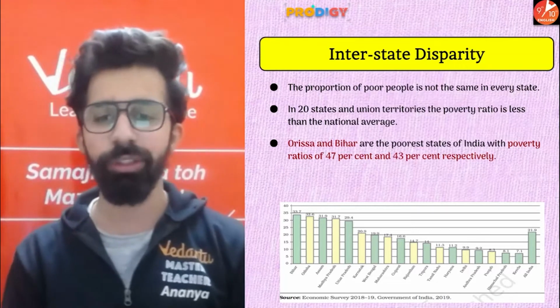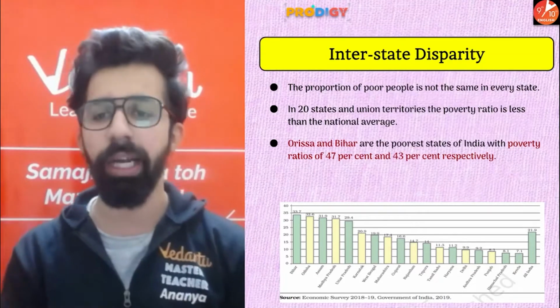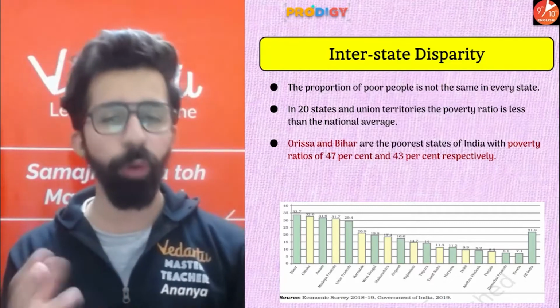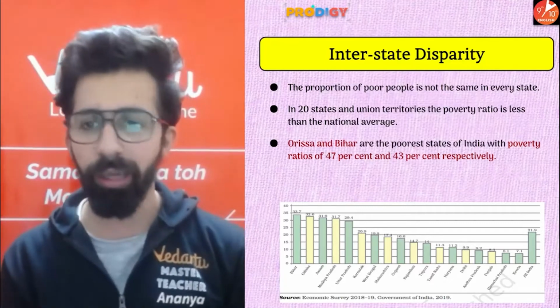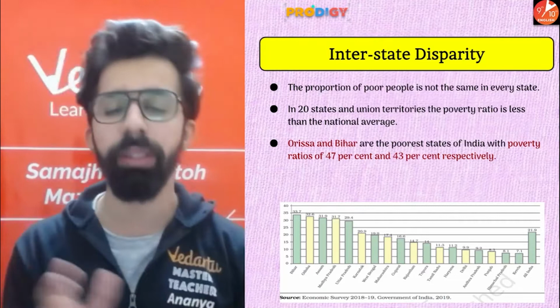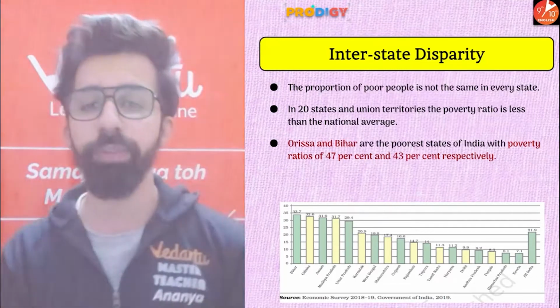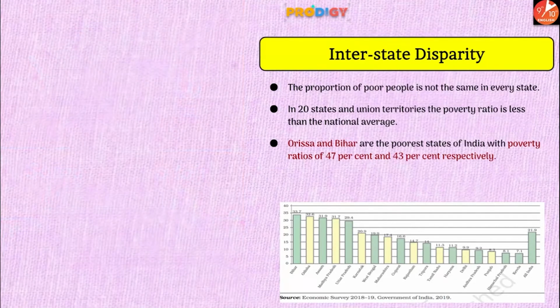The census of 2009 gives us an idea that the national average poverty level of India was 22%. But look at a few of these states, like Odisha and Bihar, which are the poorest states of India. The data you can see, 47% and 43%, is a little old data, maybe from 2010 or 2011.